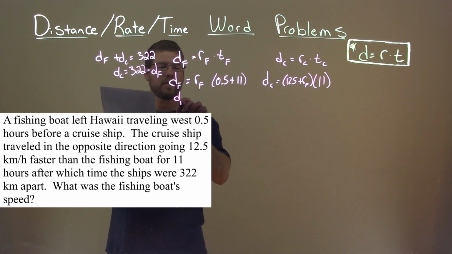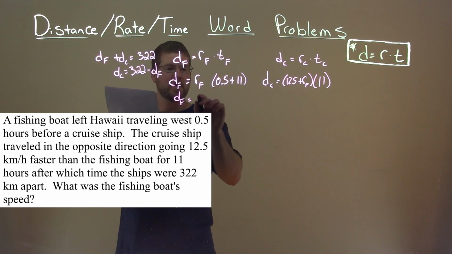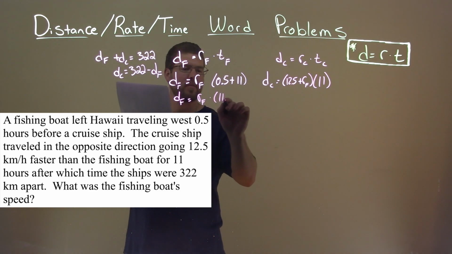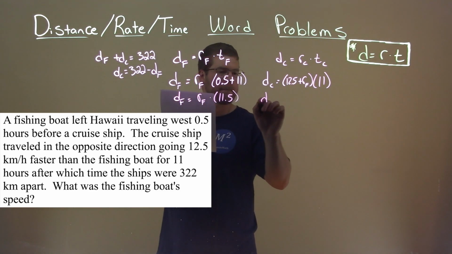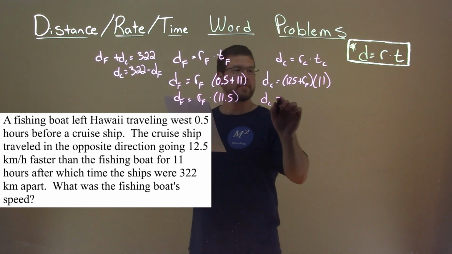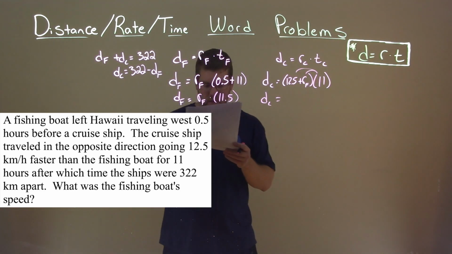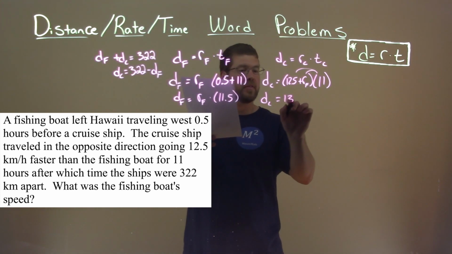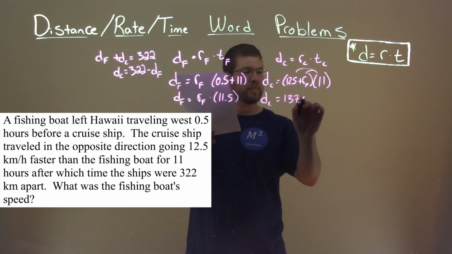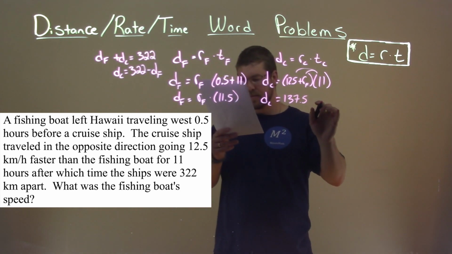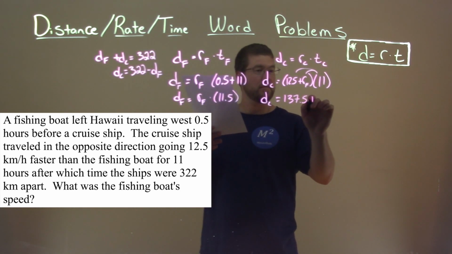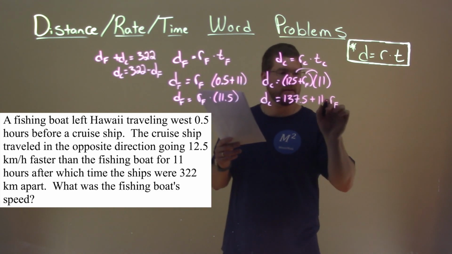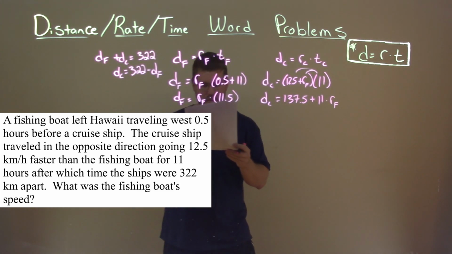So d sub f is equal to r sub f times 0.5 plus 11, which is 11.5. Not too much going on there. Distance of the cruise ship, if we distribute the 11 across here, 11 times 12.5 is 137.5 plus 11 r sub f, the rate of the fishing boat.